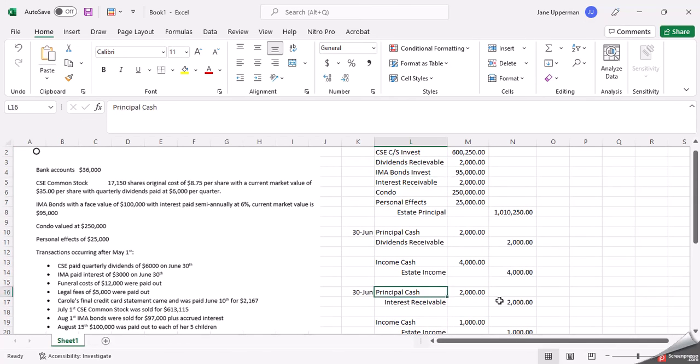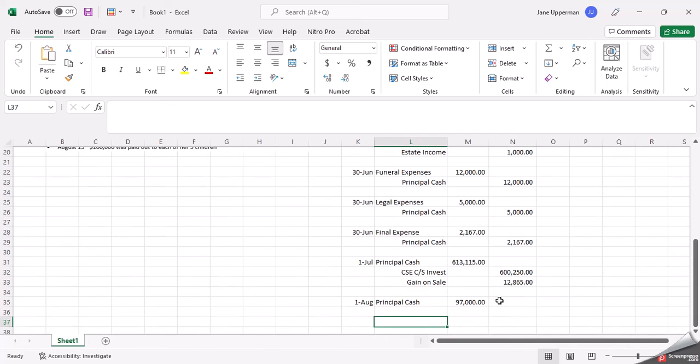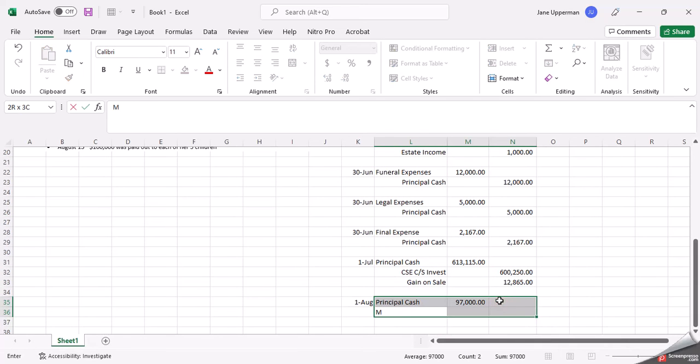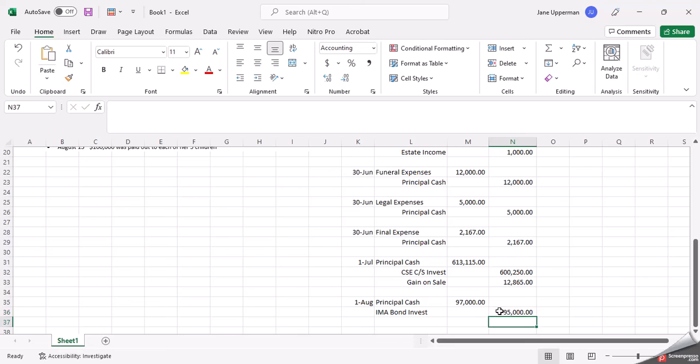We had them at 95,000. So it's going to be the same thing. We're going to have a gain on the sale for that difference.